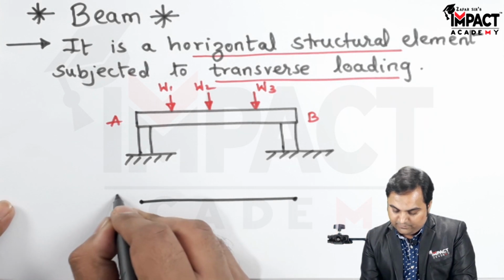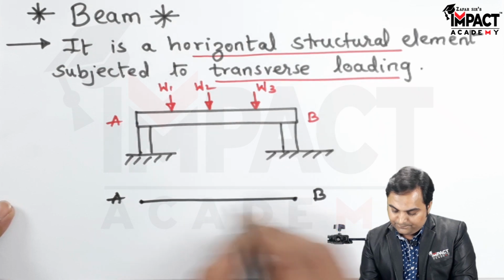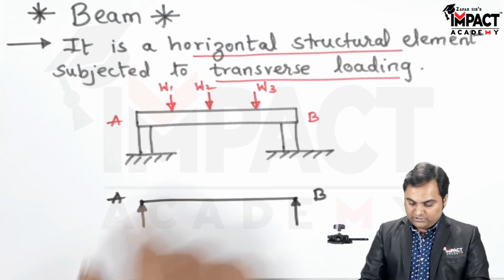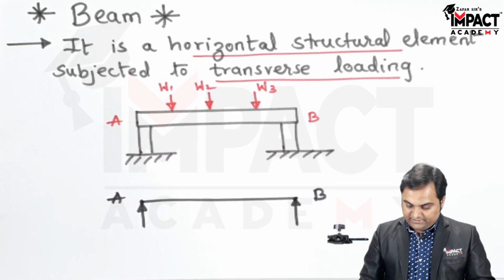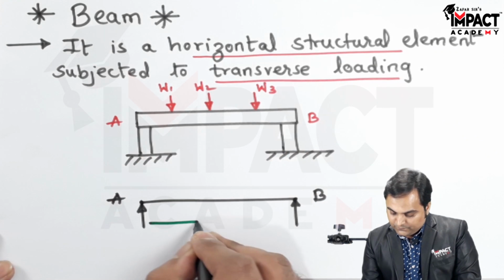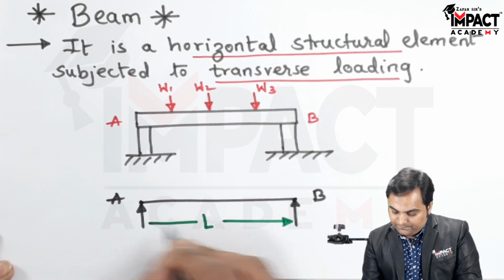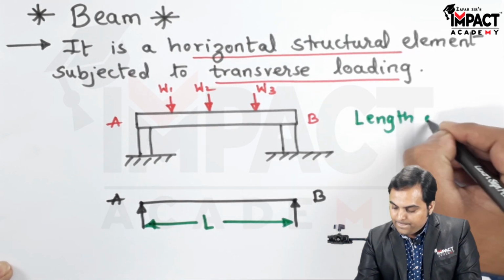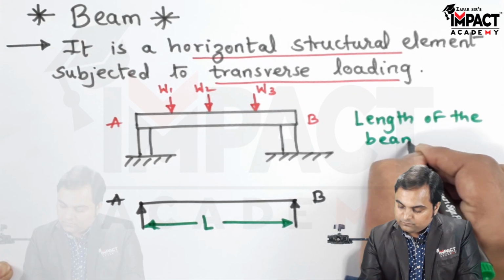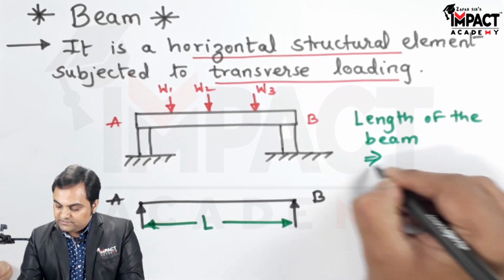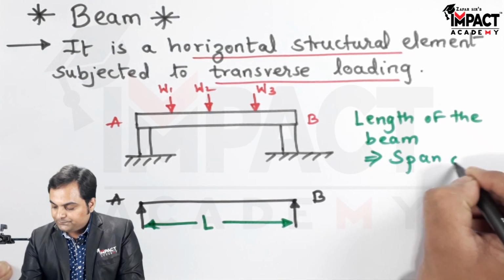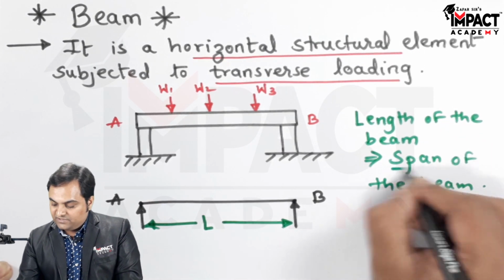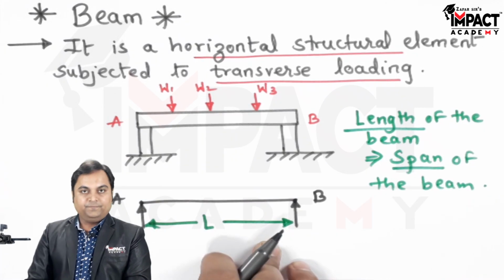So here I am showing the beam with the help of a line diagram, and this is called a simply supported beam because the supports are there at the extreme ends, and here is the length of the beam. This length of the beam is also called the span of the beam. So whenever in a problem the span is given, it means the length of the beam.